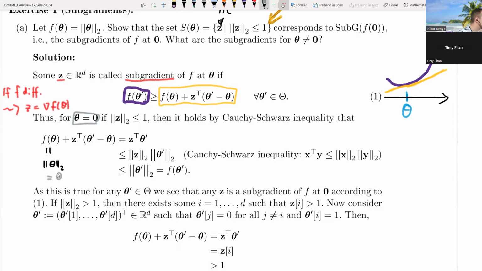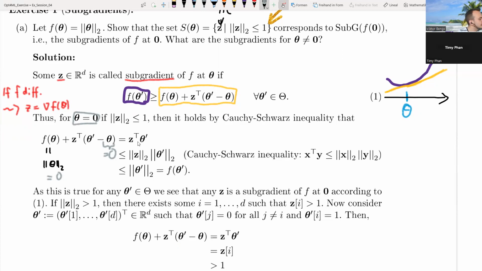This is 0. We can also see that this term, if theta is the zero vector, is also 0, and when we compute an inner product with the zero vector, we can be sure that this is still 0. So what remains is only the inner product of z and theta prime.